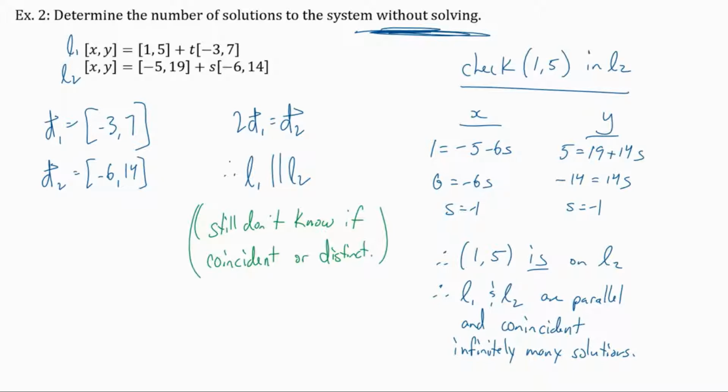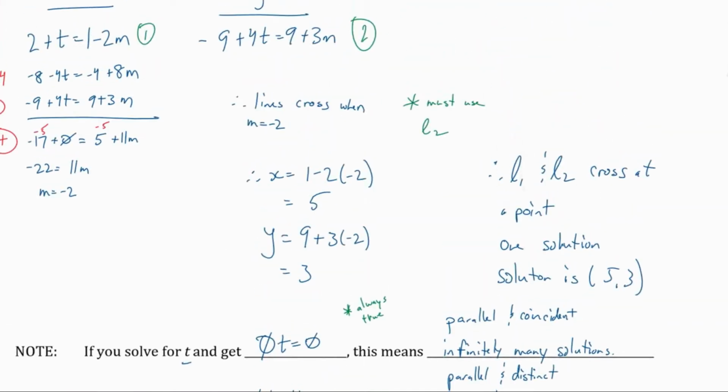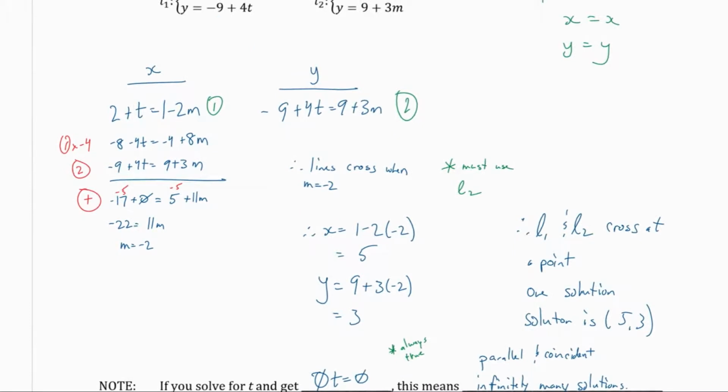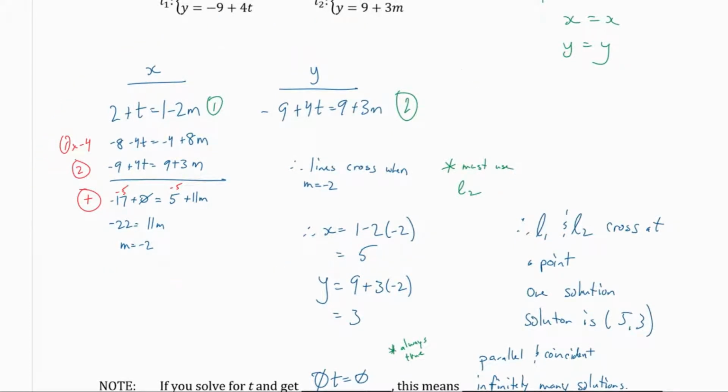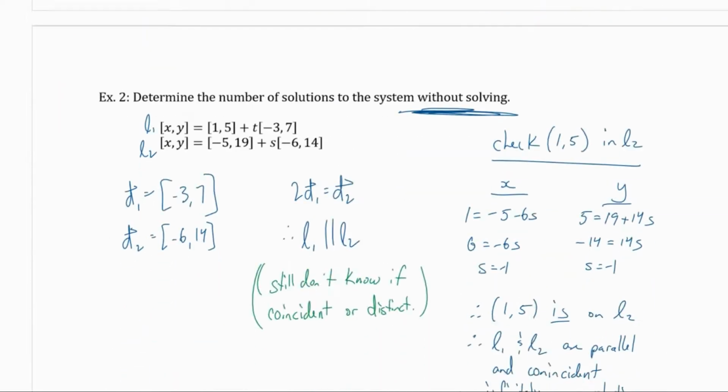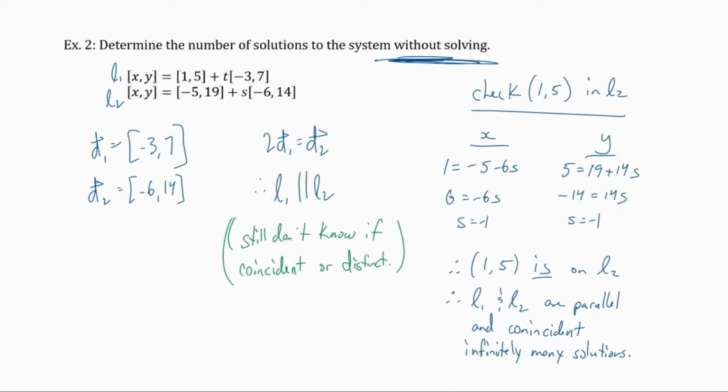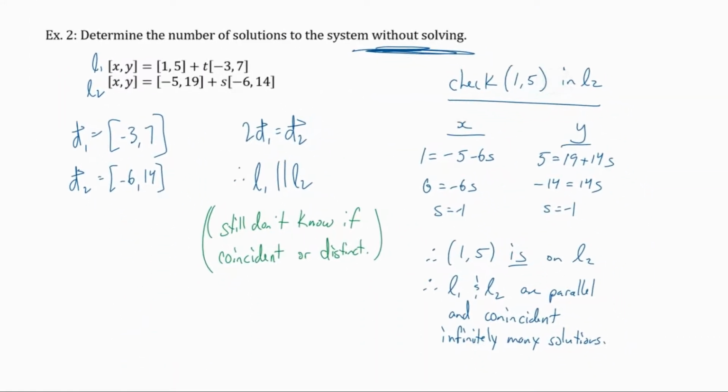What's important here is it says without solving. So it really is important that I didn't do this the same way I did up here. We don't want you necessarily to just always take parametric form and set them equal to each other, because we want to push you to think about the direction vectors in this case.